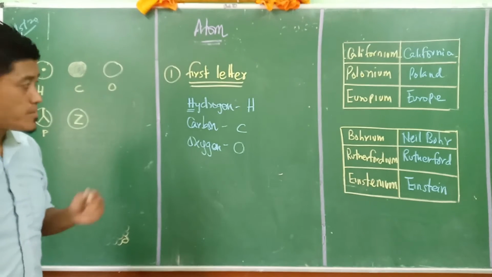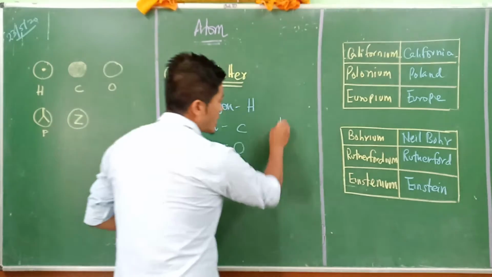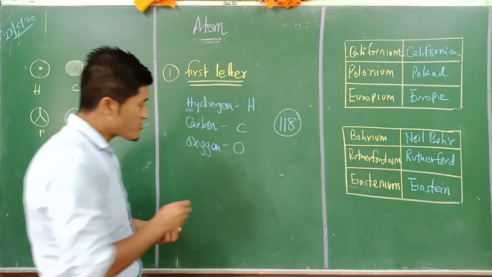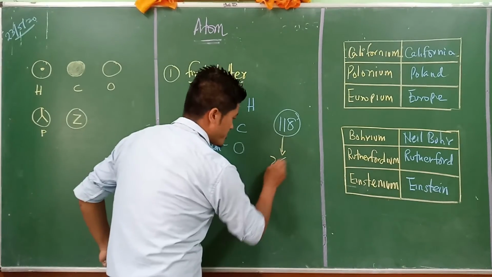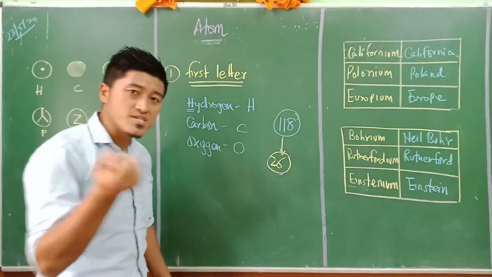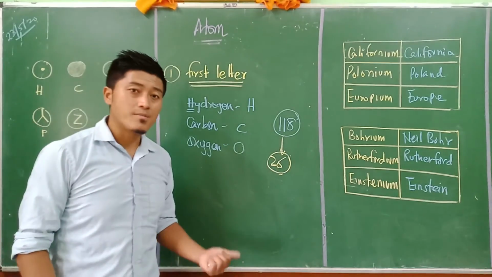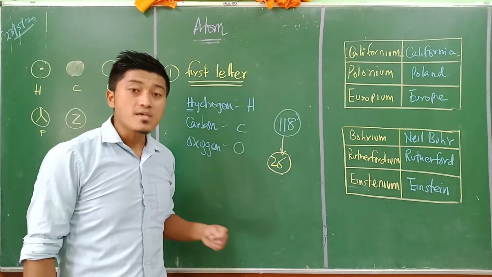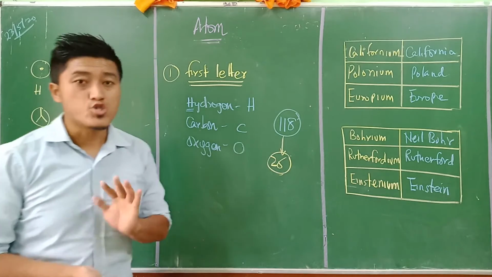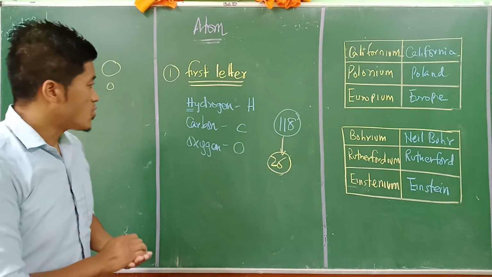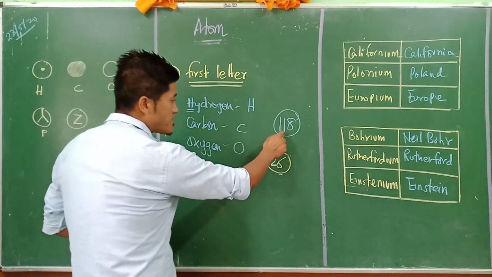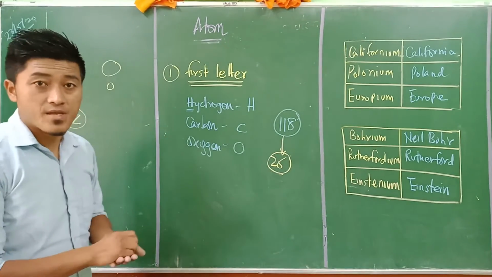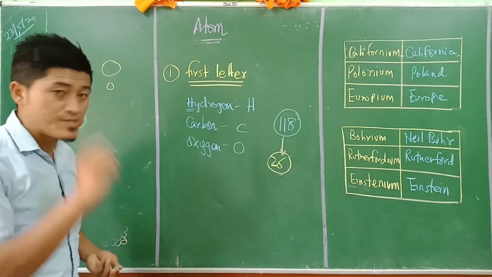There are 118 elements, but we have only 26 alphabets: A, B, C, D, E, F, G, H, I, J, K, L, M, N, O, P, Q, R, S, T, U, V, W, X, Y, Z. So for naming 118 elements we would have to repeat again and again. There will be a problem of repetition.